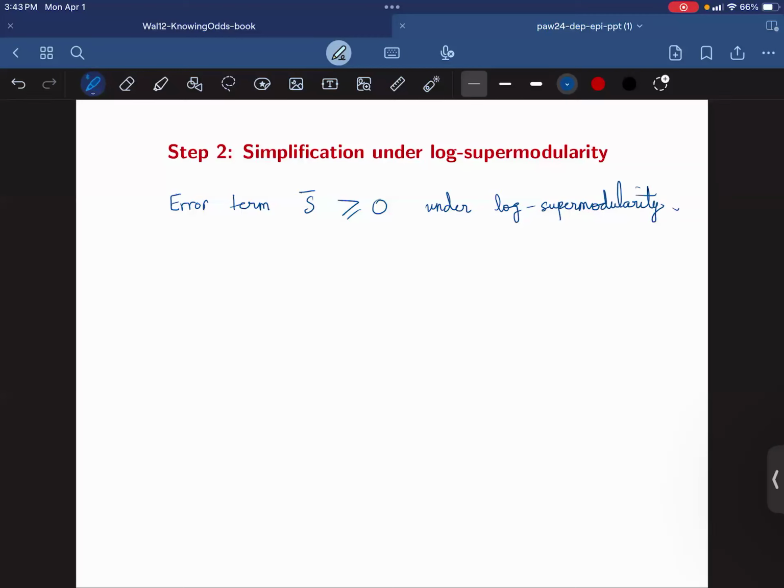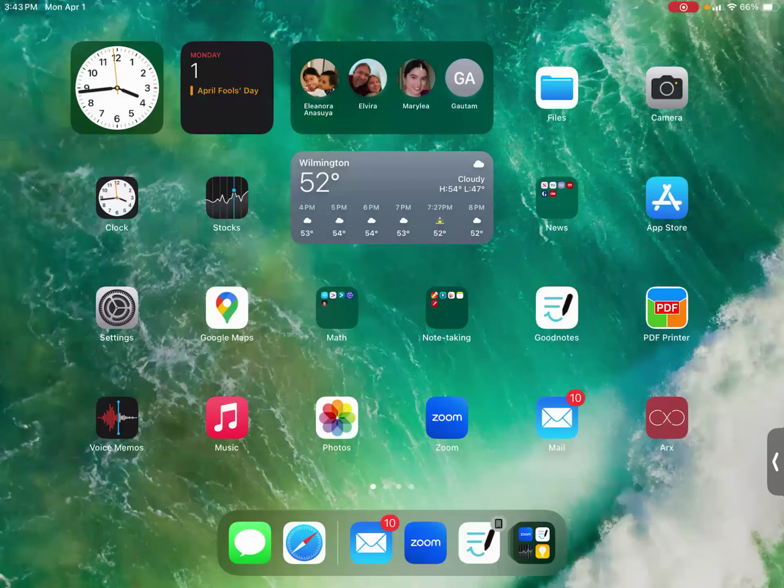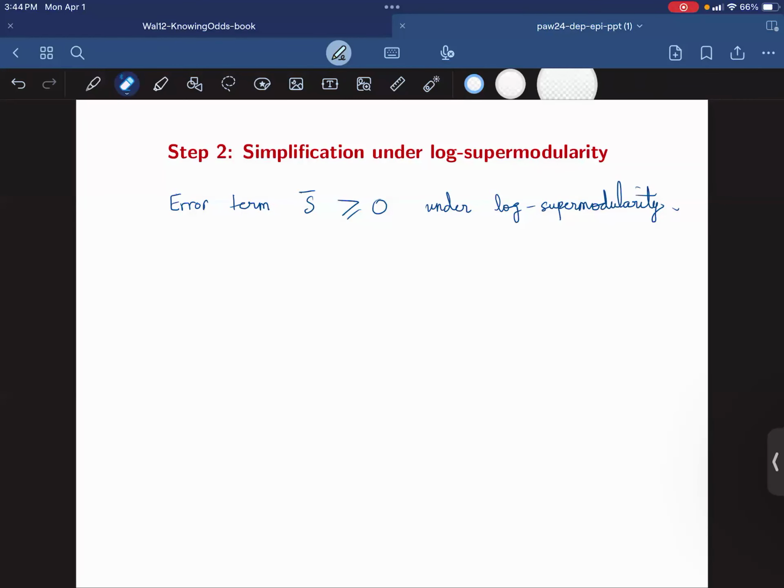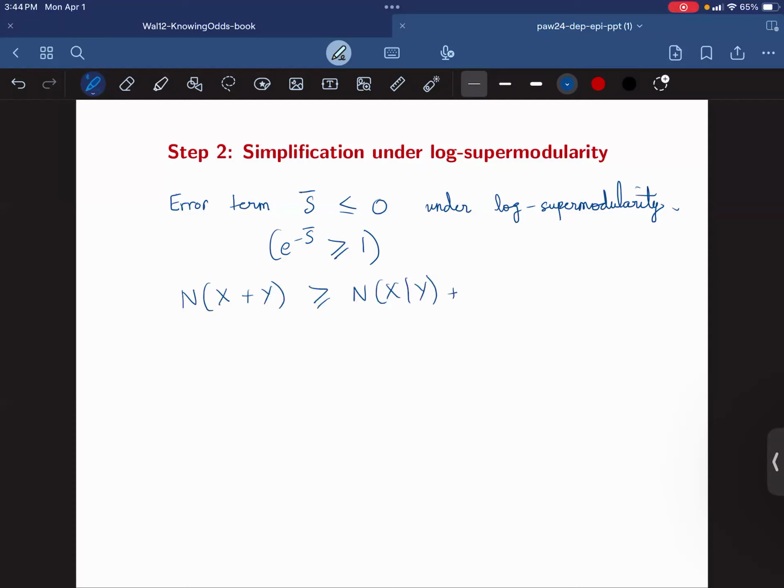Or I'm sorry, I want to say less than or equal to 0. So that means that e to the minus S bar is greater than or equal to 1, and therefore we have: entropy power of X plus Y is greater than or equal to entropy power of X given Y plus entropy power of Y given X, and this extra error term, e to the minus S bar, you can just kill it. So that's the simplification.